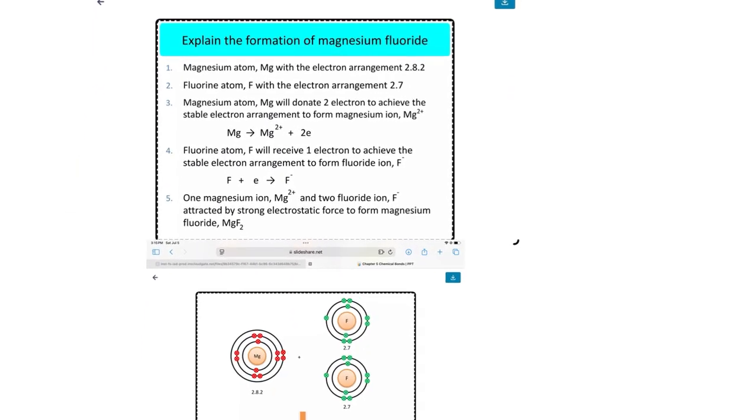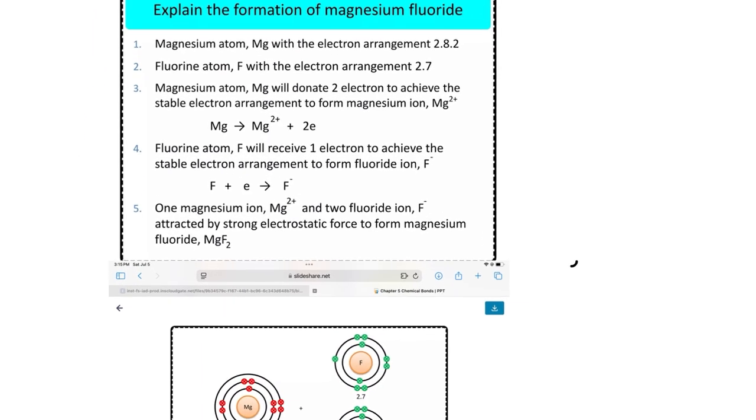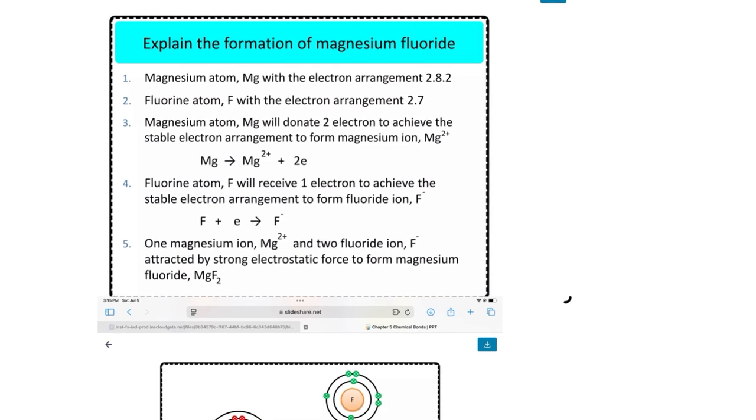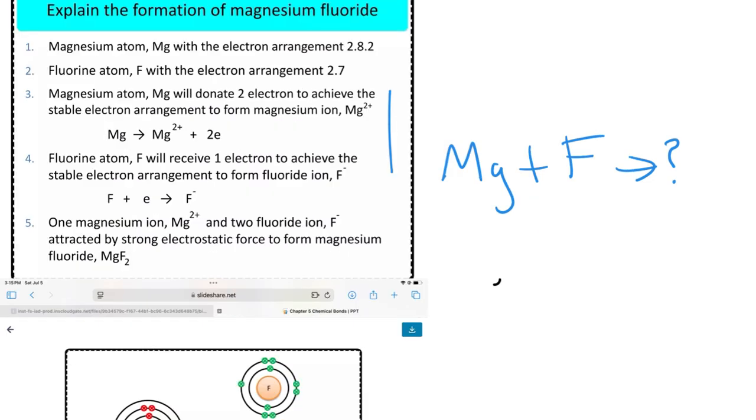Okay, so let's do a fancier one. Magnesium fluoride. So magnesium plus fluorine goes to form what kind of salt? Okay, magnesium's a metal. Magnesium in family 2 has 2 outer shell electrons. Is it easier to gain 6 to make 8 or to lose the 2? It's easier for magnesium to lose the 2 electrons.